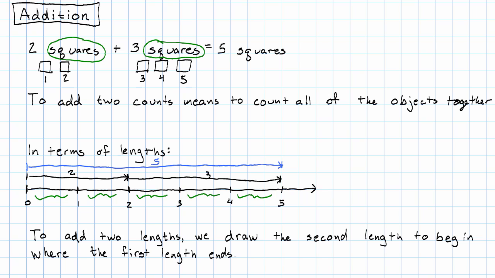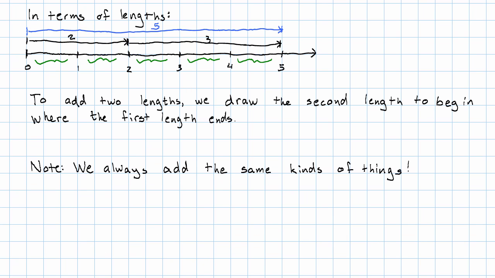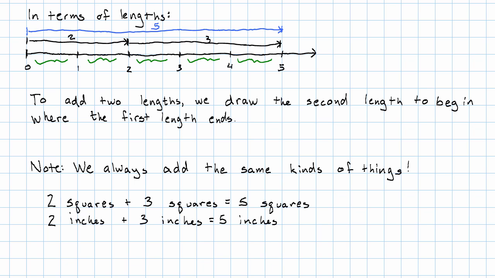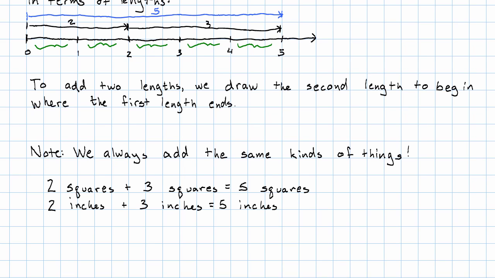In general, when we add, we will always add the same kinds of things. So we could add 2 squares plus 3 squares, and that would give us 5 squares. We could add 2 inches plus 3 inches, and that would give us 5 inches.